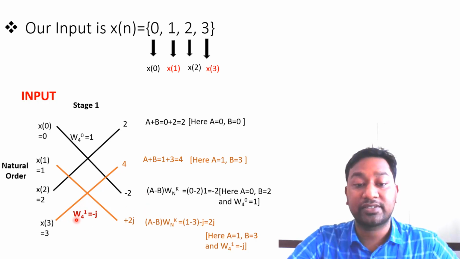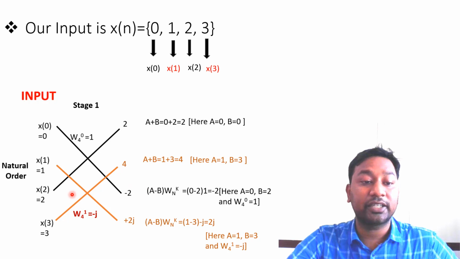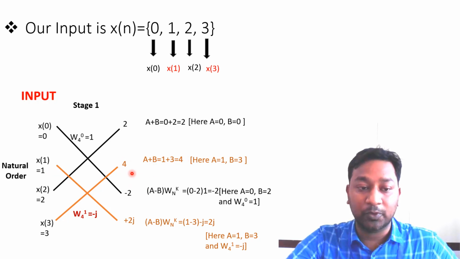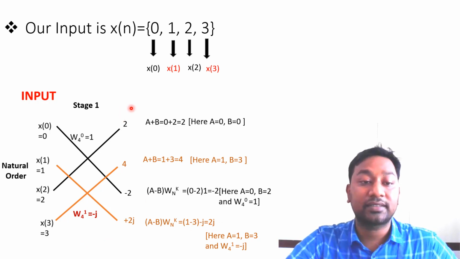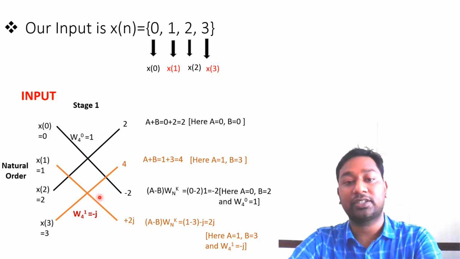So the calculation for the second butterfly: first output is 1 plus 3, that is 4, and second output is 1 minus 3 into minus j. So minus 2 into minus j, we will get 2j. So that is stage 1. Here the twiddle factors associated are omega 4 to the power 0 and omega 4 to the power 1, which is minus j. Now coming to stage 2.